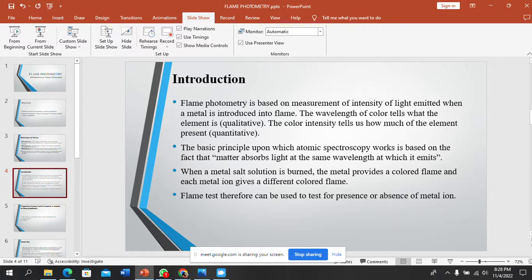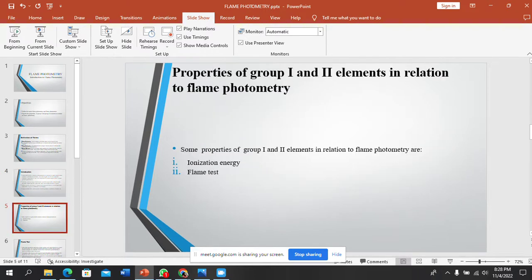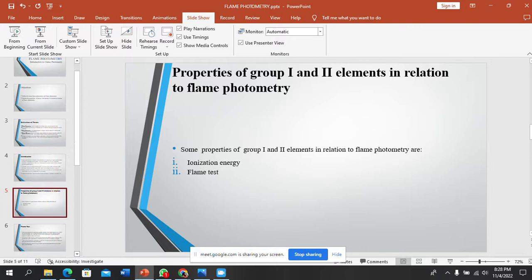This is why they use a flame photometer to see the concentration, or if a metal is present in a sample. From there we are going to look into the properties of group 1 and group 2 elements in relation to flame photometry. So what are some of the properties of group 1 and group 2 elements that you know, class? Naomi?